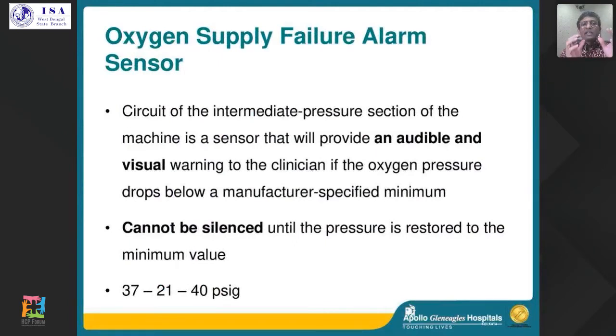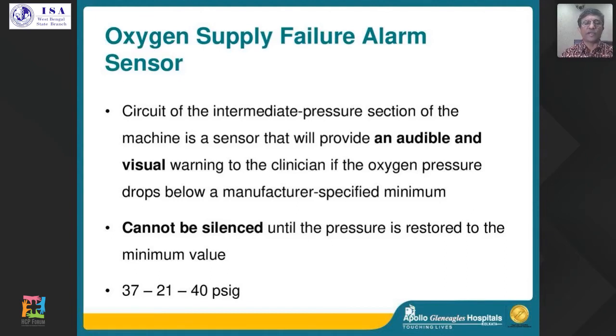It is in the intermediate pressure circuit, and as far as ASTM and ISO, it will provide an audible and visual warning to the clinician if the oxygen supply pressure drops below the manufacturer specified minimum. According to some manufacturers, it can be 37, 21, or 40 PSIG. You should know what it is.